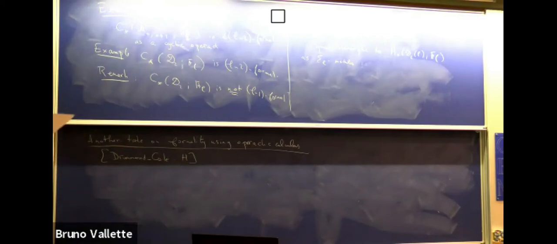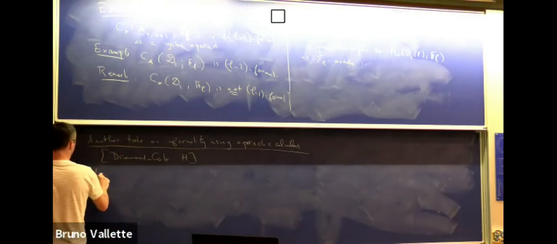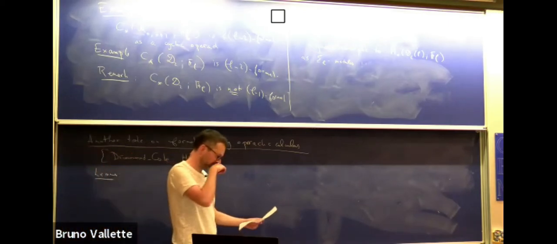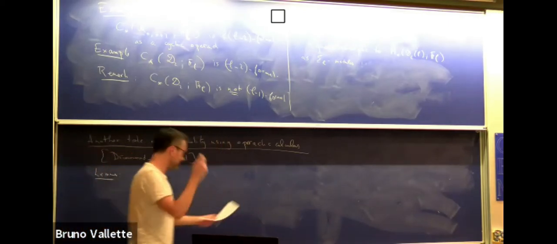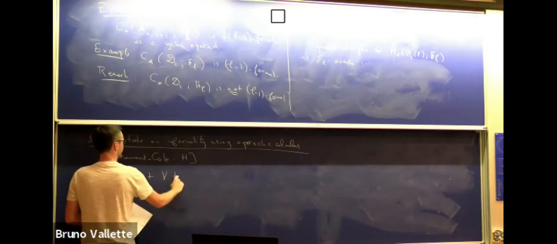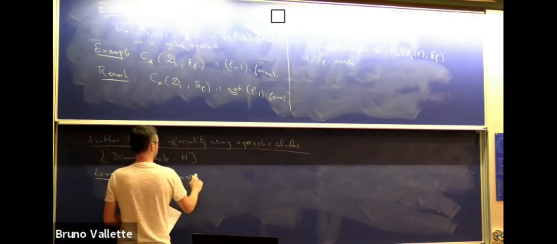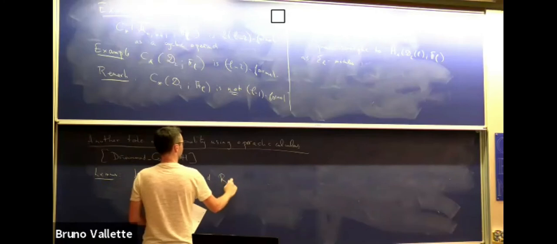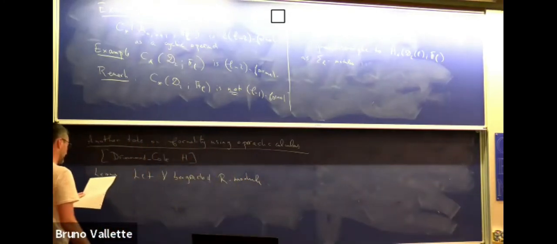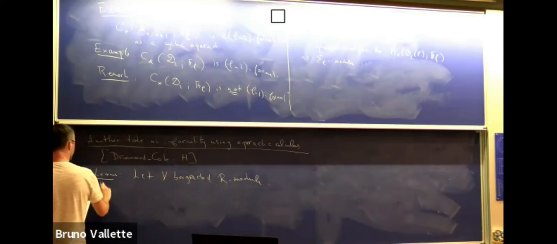And so what we do is prove a certain lemma. We have a proof which is quite computational, so it would be good if someone could give a more elegant proof. Let V be a graded module.